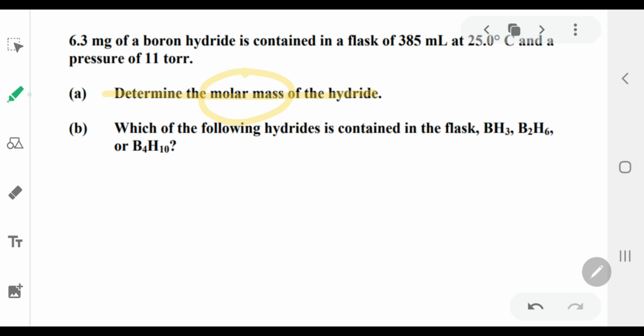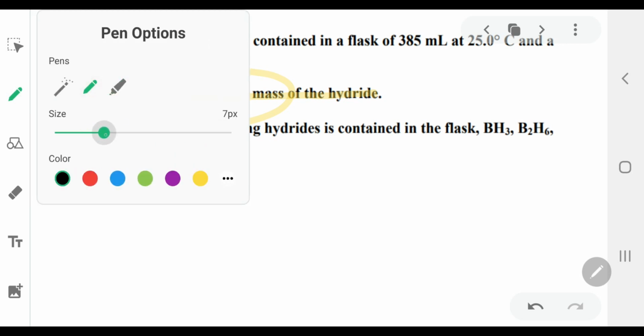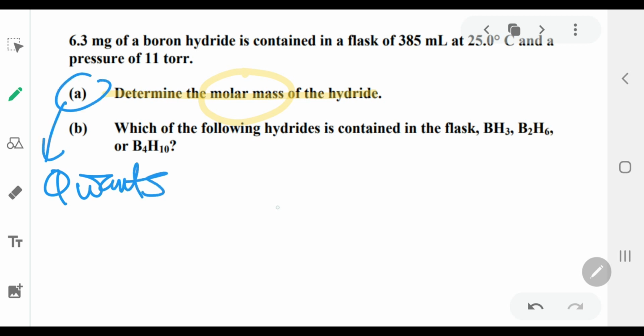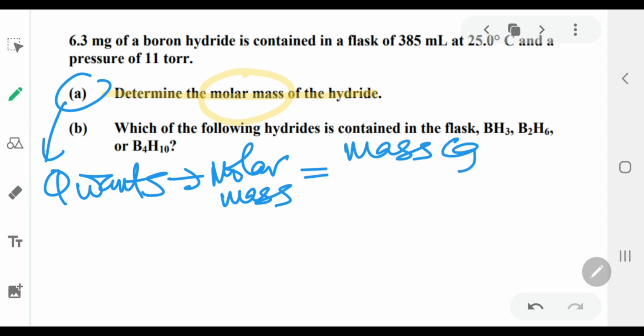Okay, so we're going to do part A first. First we need to know what the question wants. The question wants you to find molar mass. To get molar mass, you need to know that molar mass is mass over mole. That is the formula of molar mass.